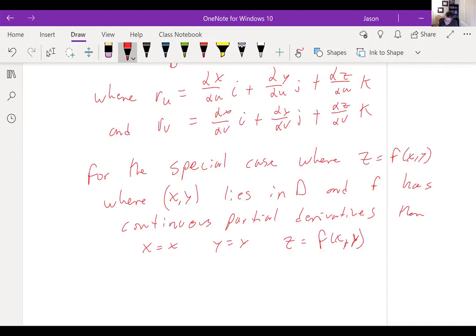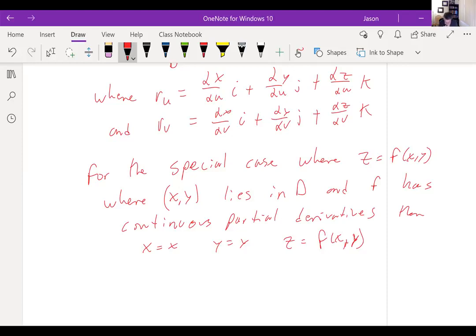We could parameterize it like that, and so we would find the magnitude of this thing.